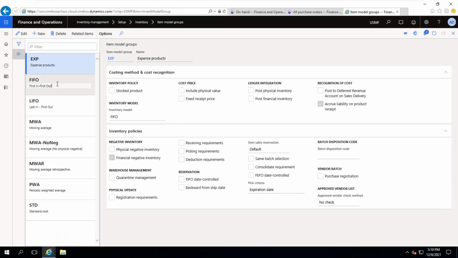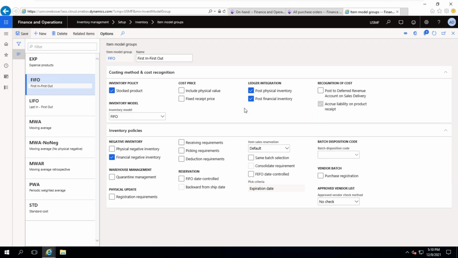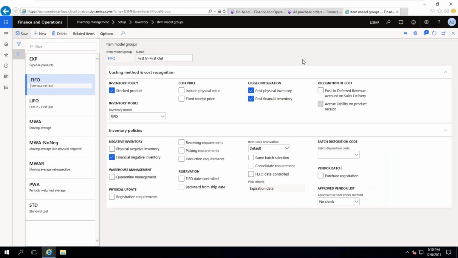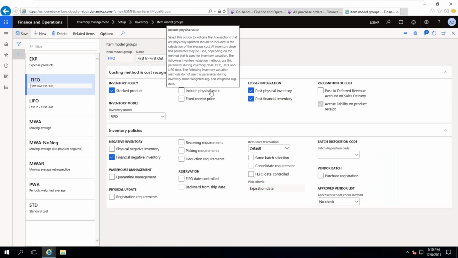During this FIFO, whatever you are expecting, like I want this physical cost amount also included in the cost price, that is your expectation, am I right? So if you want that, you need to enable include physical value.